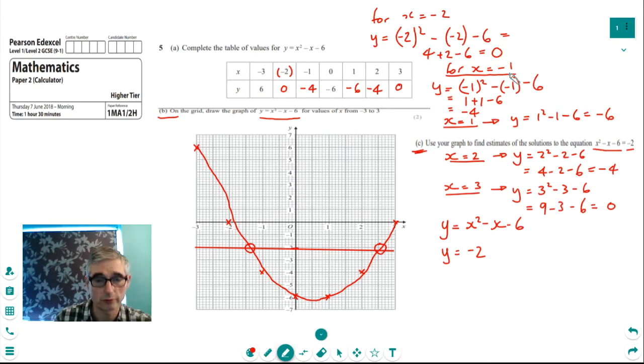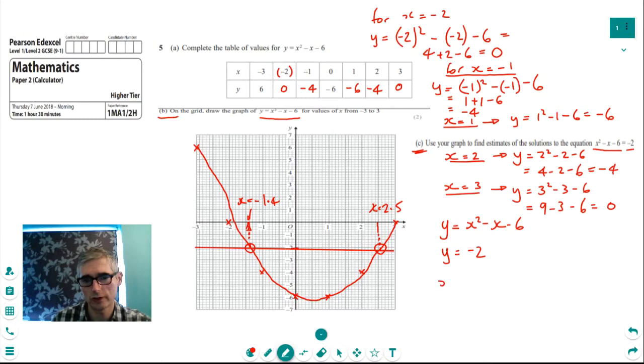So to work out what they are, we would project those points up to there. And for me that looks like x equals minus 1.4. And this point here, I'd say x equals 2.5.